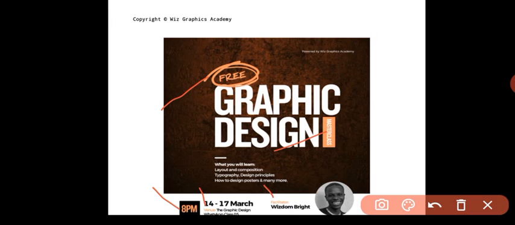Just like I said, I want the free to catch people's attention, so that is why I played with contrast there. For shape, what kind of shape did I use? An organic shape, because that's not a circle. These are things that you should play with in your design. You can go through other designs and check out their contrast.